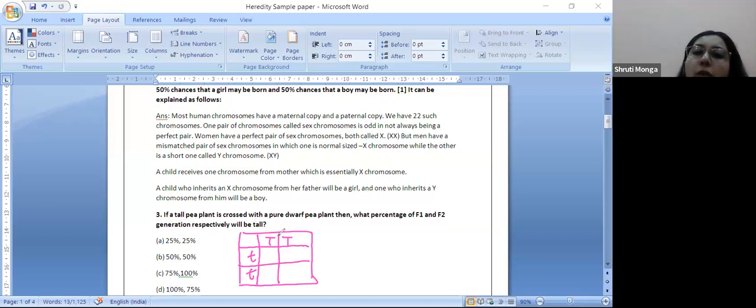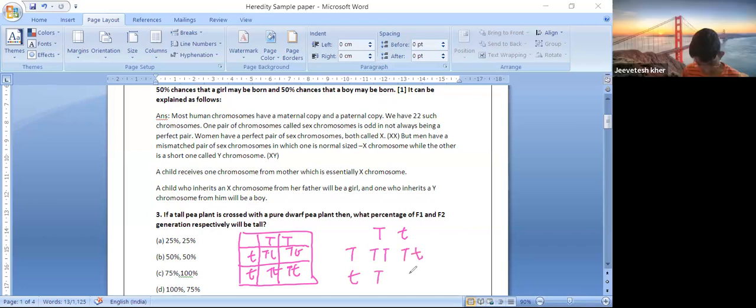When you are crossing the tall plants with short, you are getting all tall plants. And then when you are making the F2 generation, then this will be the parent. Okay, gametes. So do it, and then you will be getting like this.